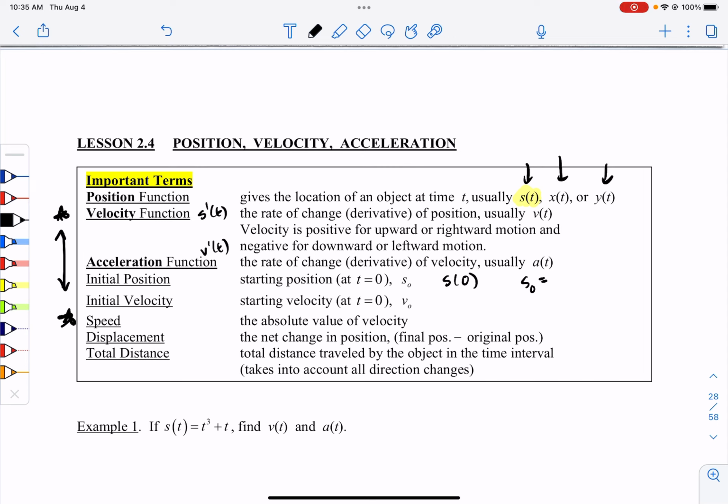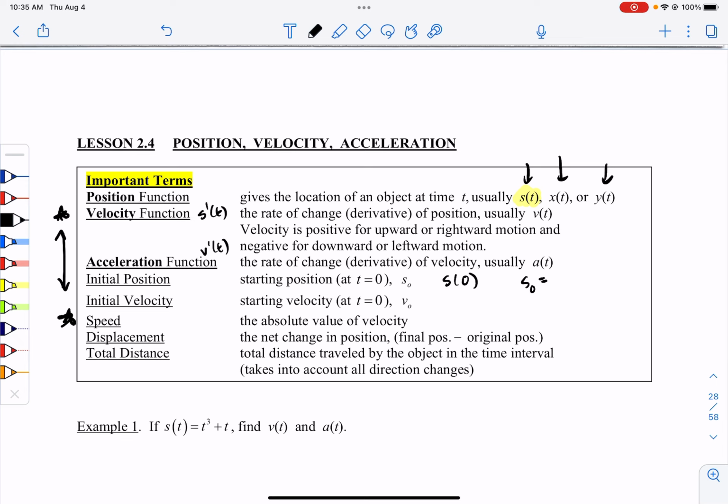So if we use our example 5 and 25, maybe you started at 5, but you went all the way to 40 and then you went back to 25. So your displacement was only 20, but you went from 5 to 40 and then back to 25. So you actually traveled what, 45, something like that. So total distance, you have to take into account when you change directions.